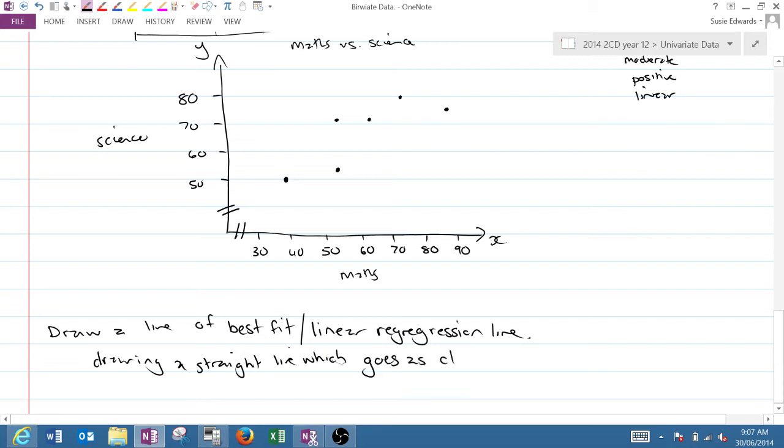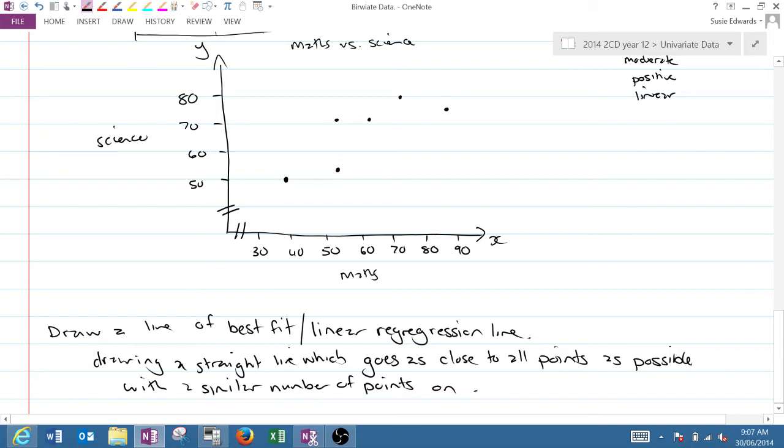Which goes as close to all points as possible, with a similar number of points on each side of the line.